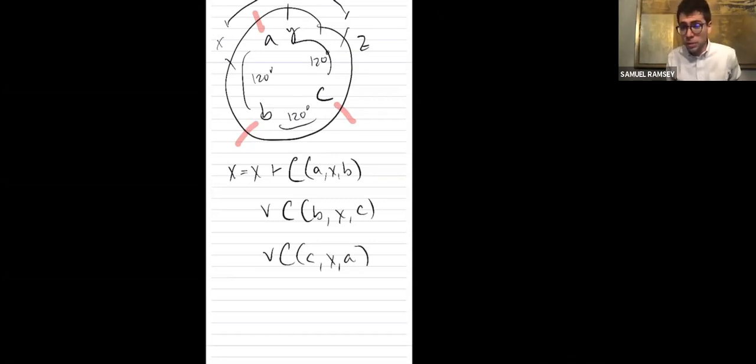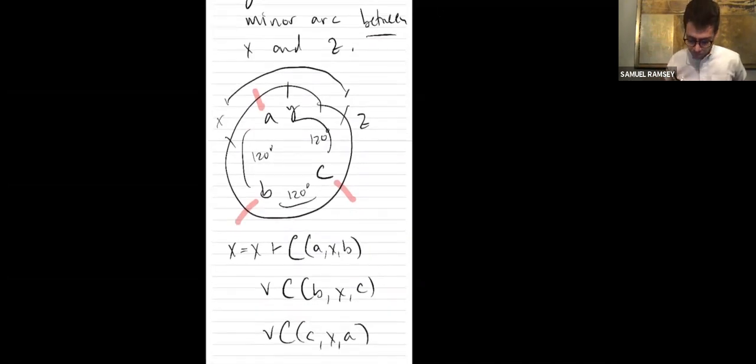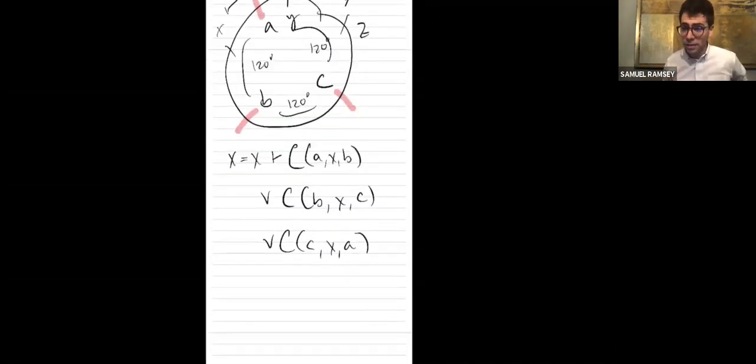Every point on the circle is going to be between 2 of these. And when I say between here, let's say it's inclusive, so you can either be equal to an endpoint, or you can be between them. Okay, does everyone buy that? Every point on that circle is in one of these 3 intervals.